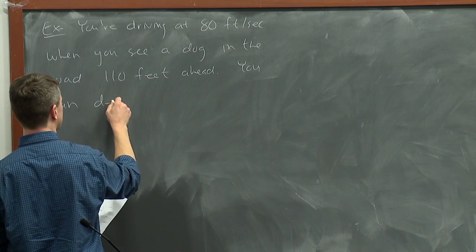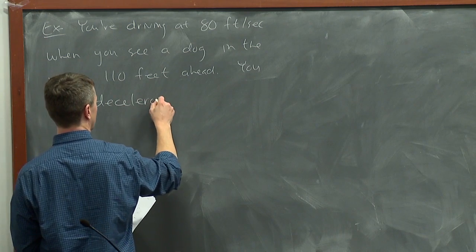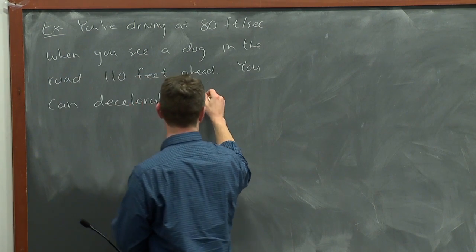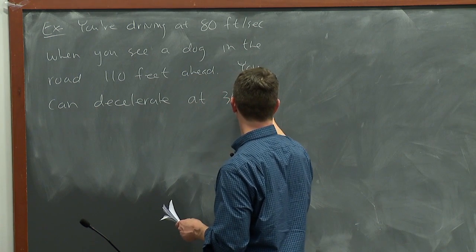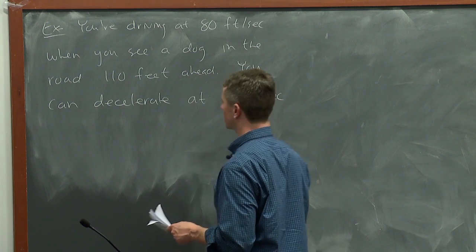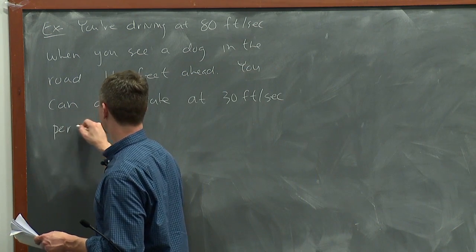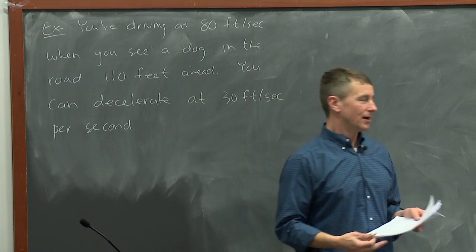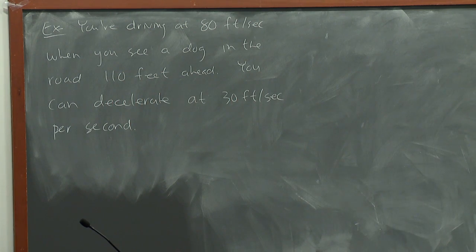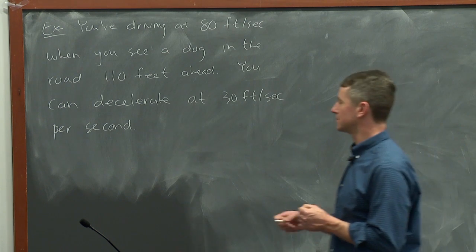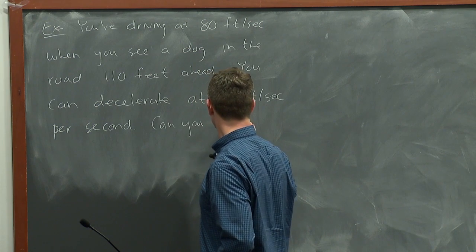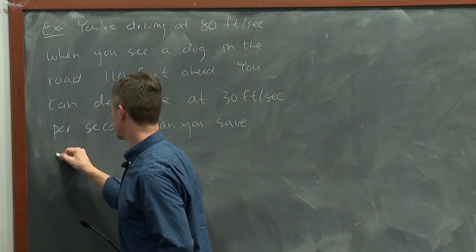If you put on the brakes, which of course you will do, you can decelerate your car at a rate of 30 feet per second squared. What's the question? Do you avoid the dog? Can you save the dog?